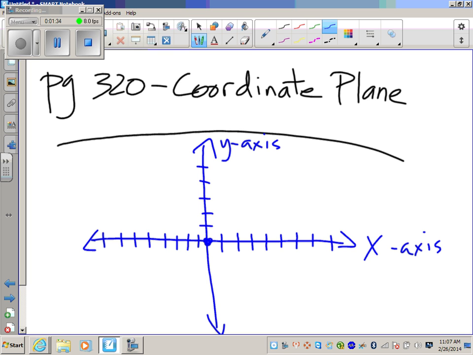The further you go up, the more positive you get. And here, these are all negative. So your negative values on your x-axis are going to be to the left of the point, which is known as your origin, where everything starts. On the y-axis, your negative points are going to be below the origin, okay?